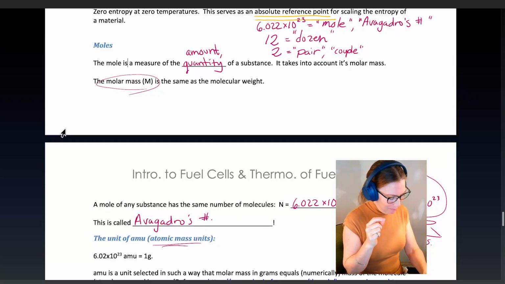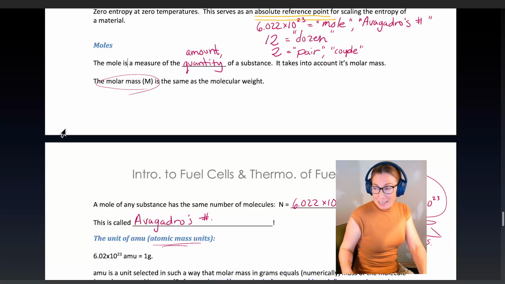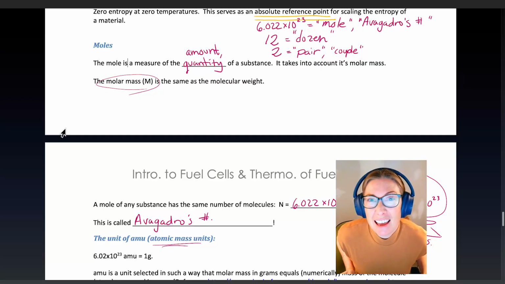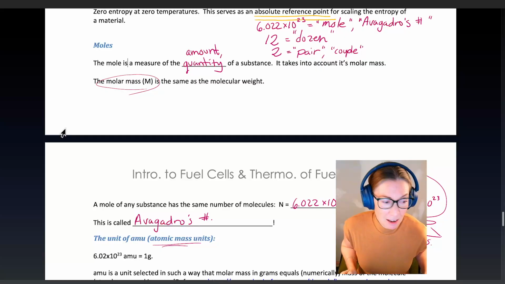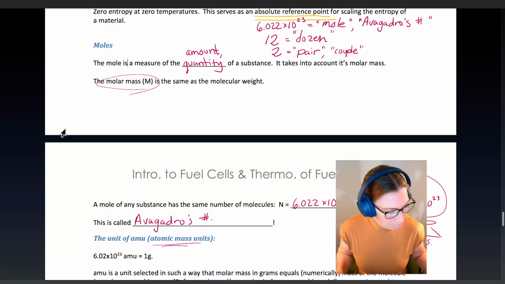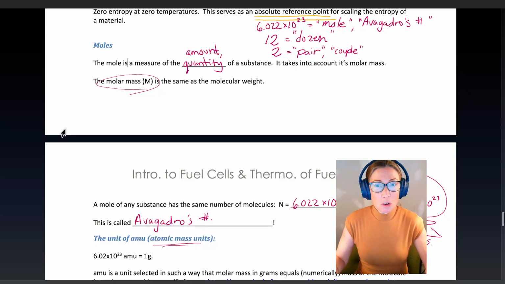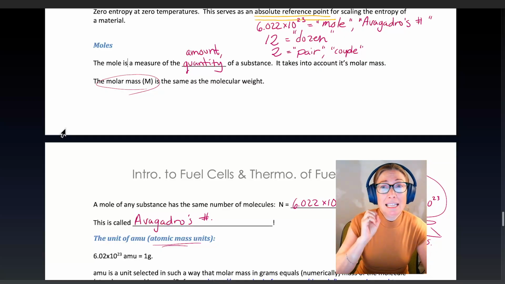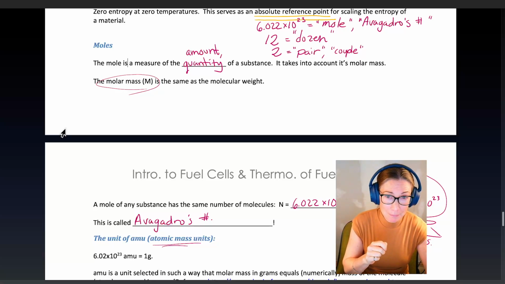So we're usually measuring 6.022 times 10 to the 23 of small things like electrons or ions or molecules. It's hard to count them because we can't really see things that small, right? But right now, I just need you to know that a mole is a count, and there are 6.022 times 10 to the 23 of them.